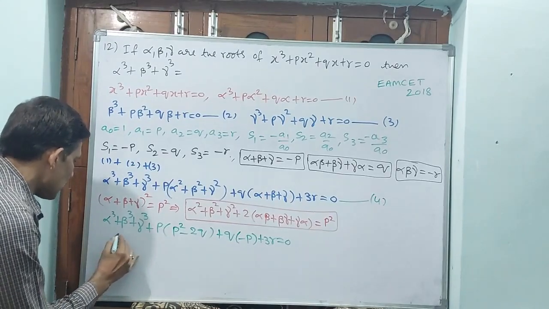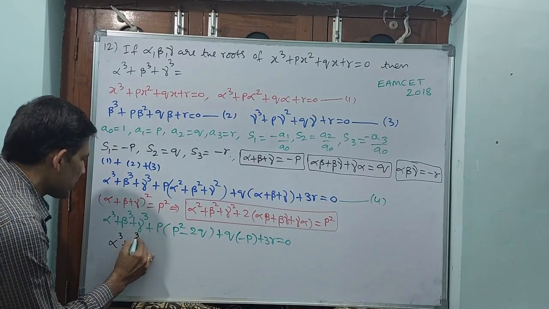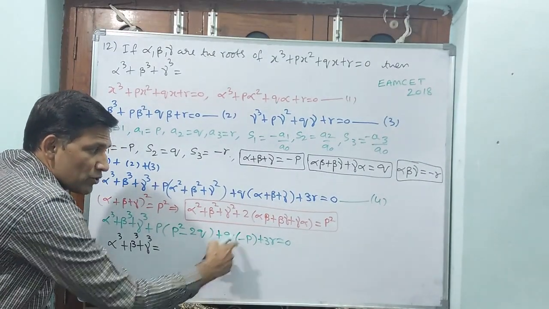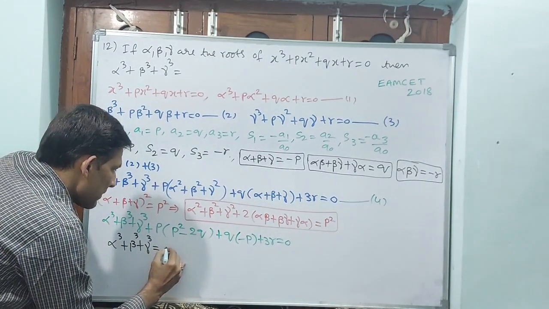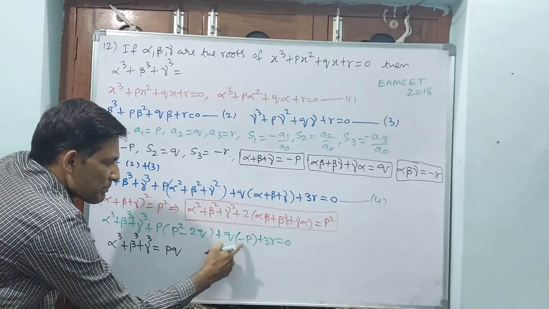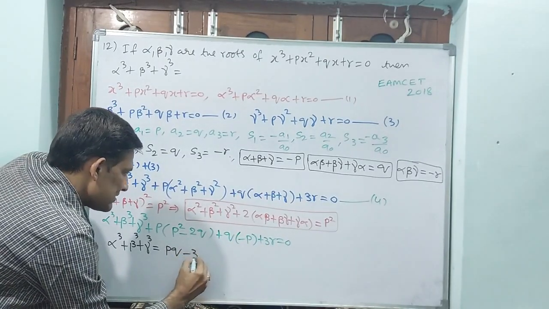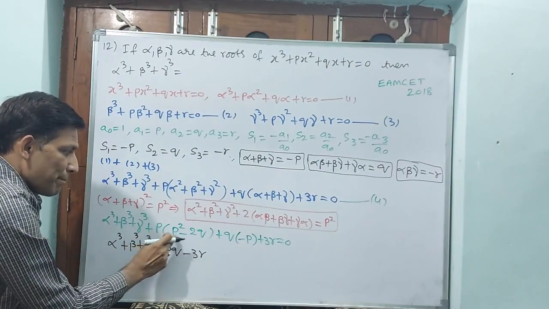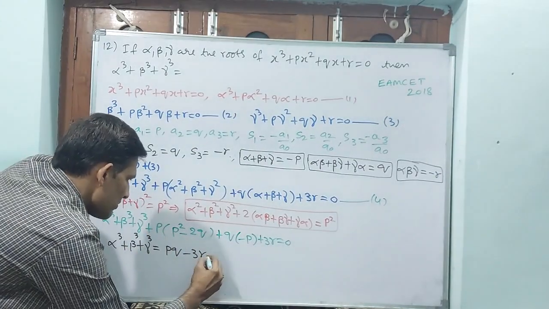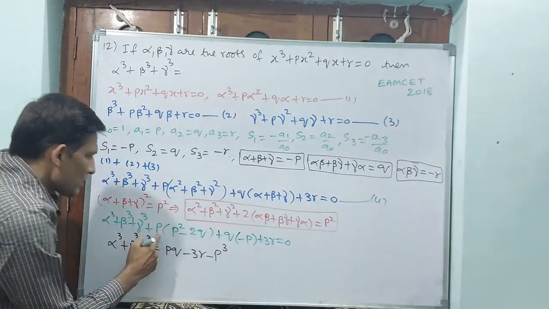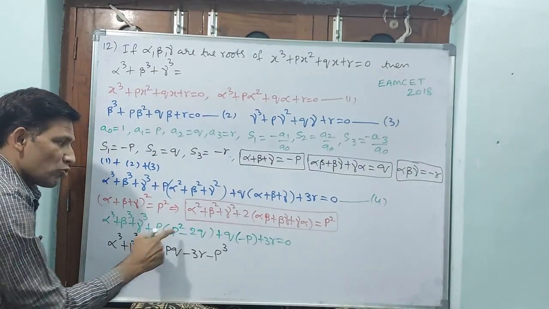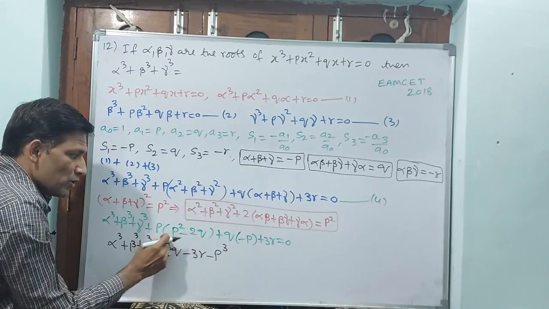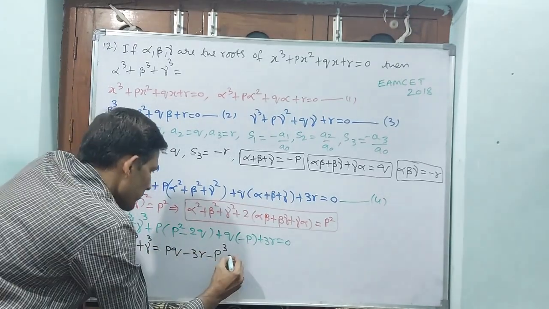See what I am doing now. Alpha cube plus beta cube plus gamma cube is equal to, see, minus pq, if that goes that side, plus pq minus 3r, plus 3r minus 3r. And this also, p cube will be there, but it is going to become minus p cube. Why? Because here plus p cube means that side minus p cube, but here minus 2p cube is going to become plus p cube.